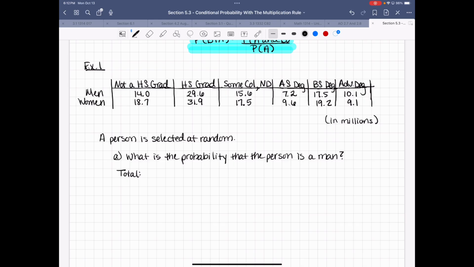So I've got 14 plus 13.7 plus 29.6 plus the 31.9, 15.6, 17.5, 7.2, 9.6, 17.5, plus 19.2, plus the 10.1, plus the 9.1. Okay?